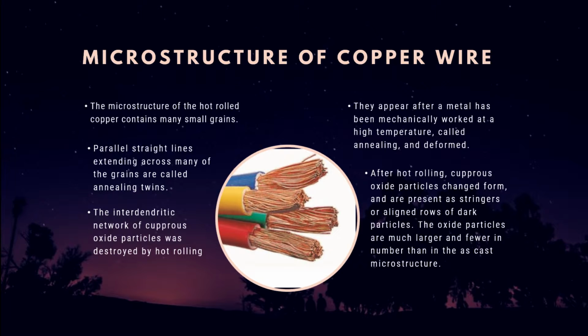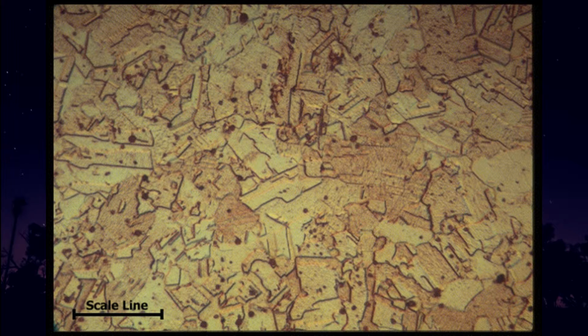After hot rolling, copper oxide particles change form and are represented as stringers, or a line row of dark particles. The oxide particles are much larger and fewer in number than in the case of the cast microstructure. This figure shown is the microstructure of copper wire.